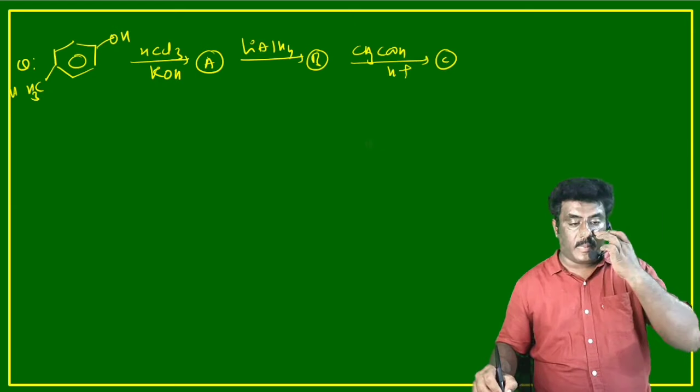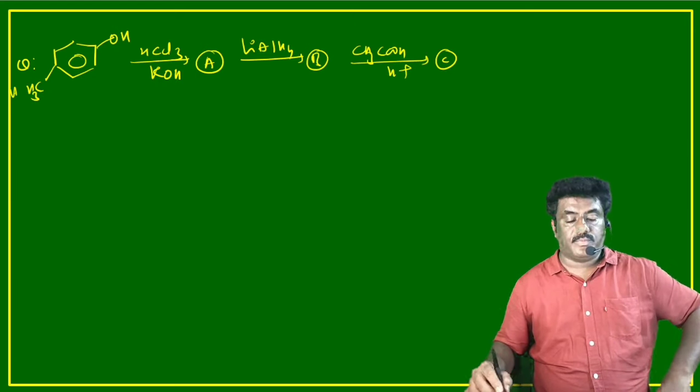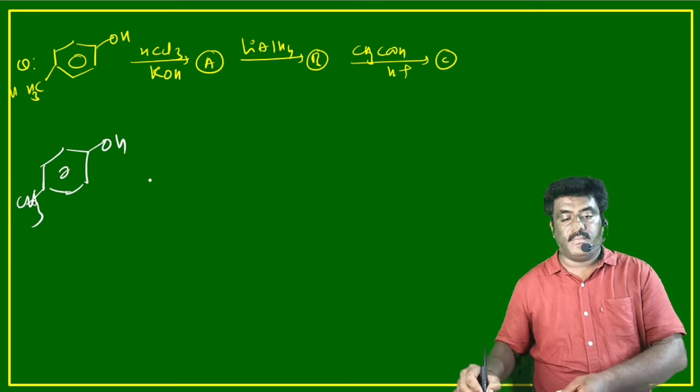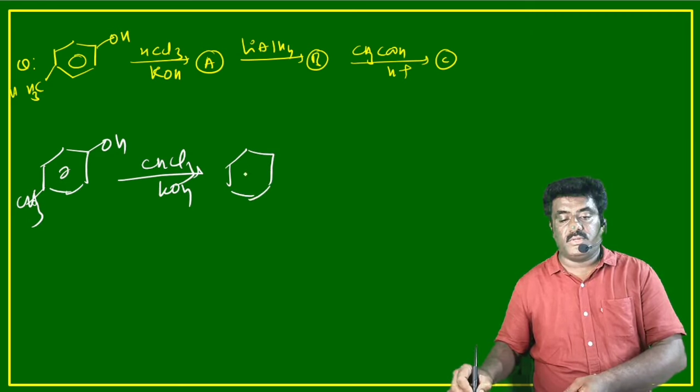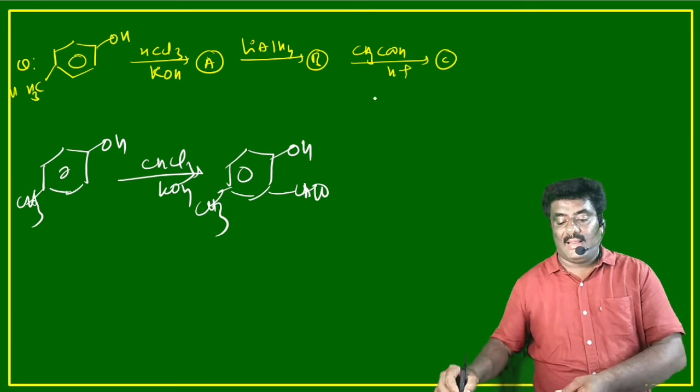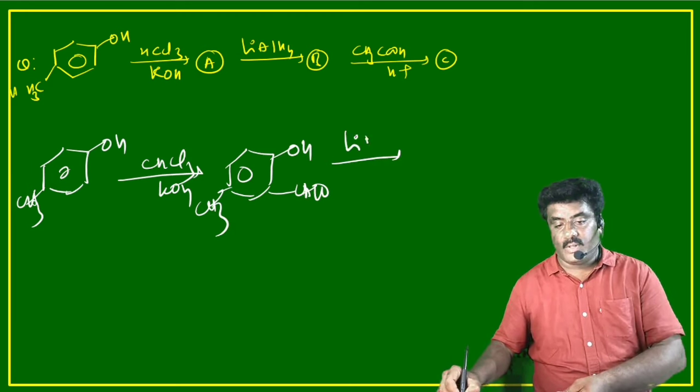I will look at the next question. Phenol, benzene with OH, in presence of CHCl3 and KOH, is the Reimer-Tiemann reaction. Very simple, to form orthohydroxybenzaldehyde. In presence of lithium aluminum hydride, what happened? Reduction.